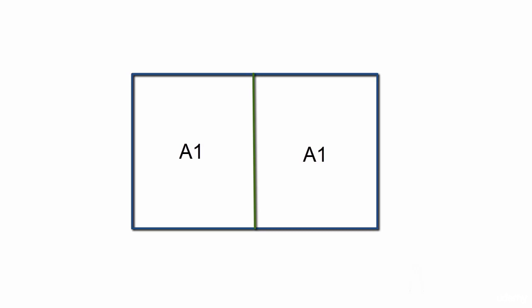Similarly, if you fold A1 from the center line along the longer side, that will become A2. And if you fold A2 from the longer side, it will become A3, then A4, and so on. That's a specific relationship which is maintained for the ISO A series of paper.